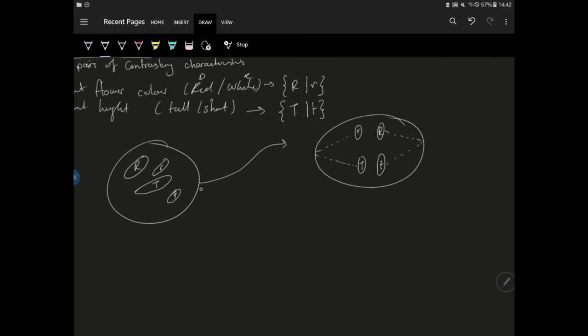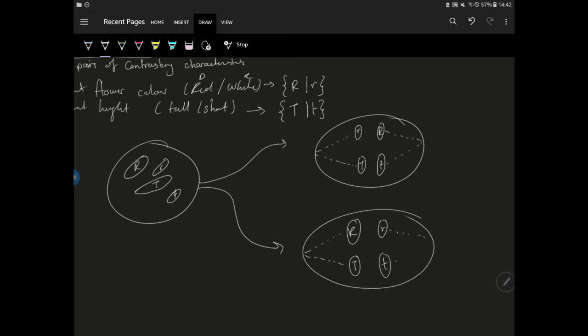Or we can have this happening. It's a very large cell, let's make it roughly the same size. We can have big R and big T, and small r, small t, as our combinations.